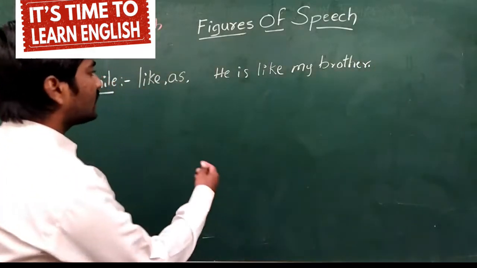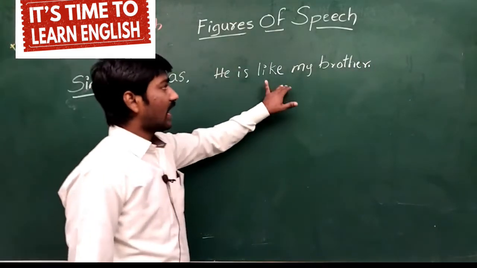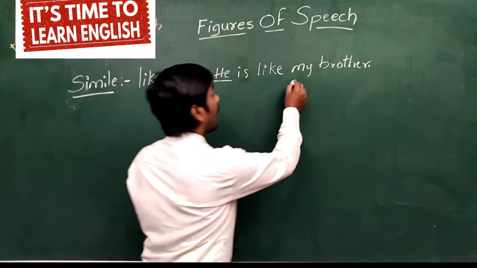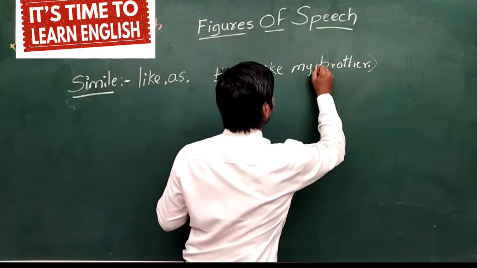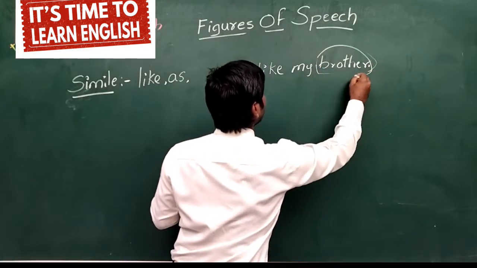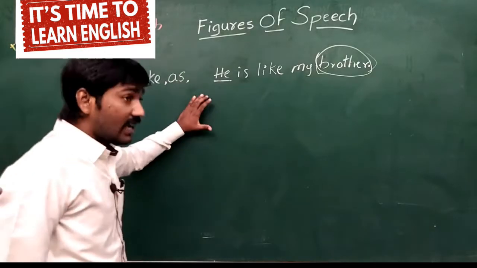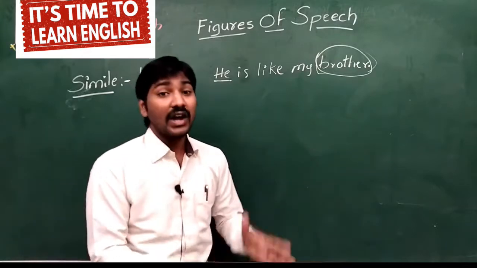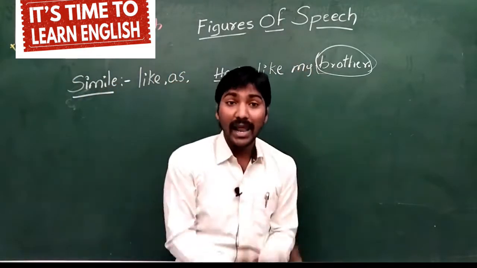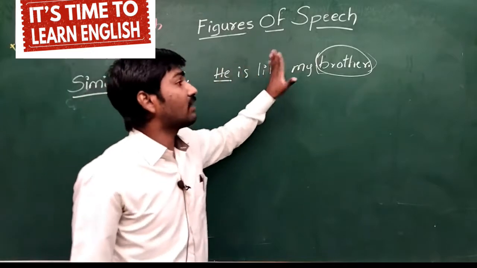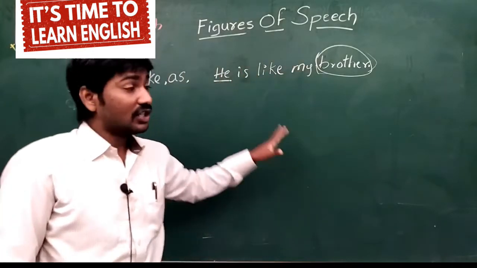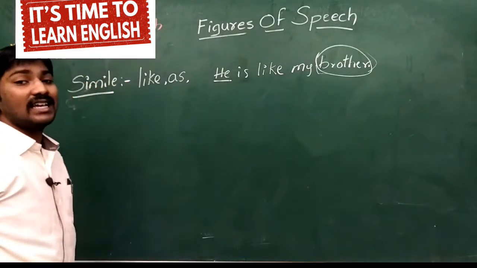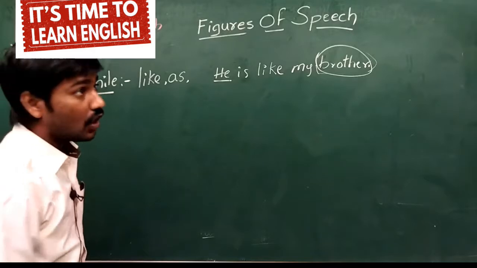See here, he is compared to somebody's brother. He and the brother are both different, but here we compare both as one. So he is like my brother means he is my brother. So comparing two things by using like or as is called simile.